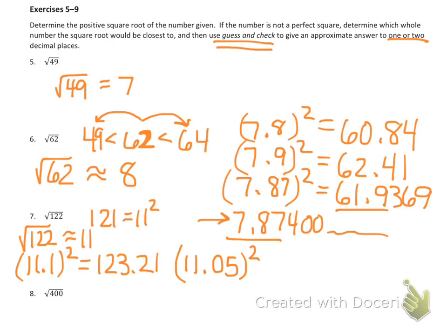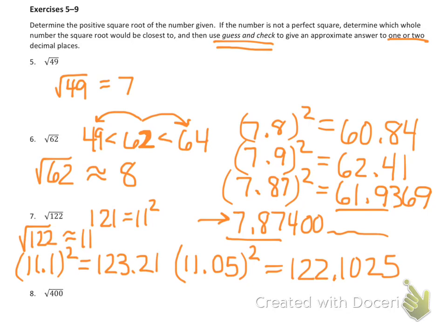I'm using my calculator here. 11 and 5 hundredths times 11 and 5 hundredths is equal to 122.1025. So there I have it accurate to 2 decimal places there, 11.05.